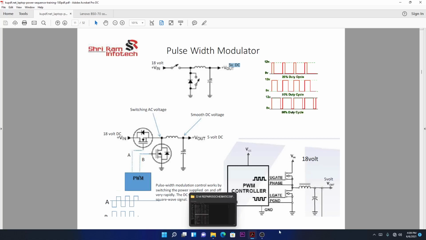One more thing I like here, they're showing you that there will be a PWM controller, a specific chip controlling those two MOSFETs, and you have U gate and L gate. U gate means upper gate, the pin controlling the upper MOSFET, and the L gate controls the lower MOSFET. They are controlled by a specific chip to generate a specific voltage. In this case, they are taking 18 volts and turning it into a lower voltage, which is 5 volts.